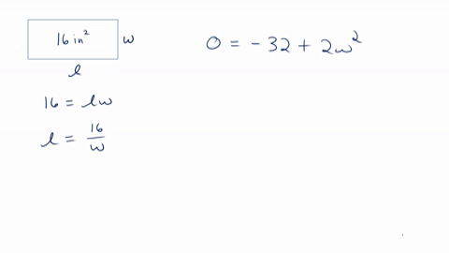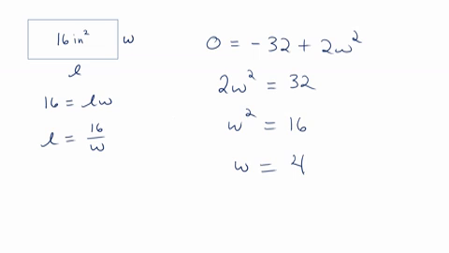Continuing to solve for W, we get 2W squared equals 32, which implies that W squared is equal to 16. Taking the square root of both sides, W would equal plus or minus the square root of 16, plus or minus 4, but the width of a rectangle cannot be negative, so we throw out the negative 4. So we have W is equal to 4.